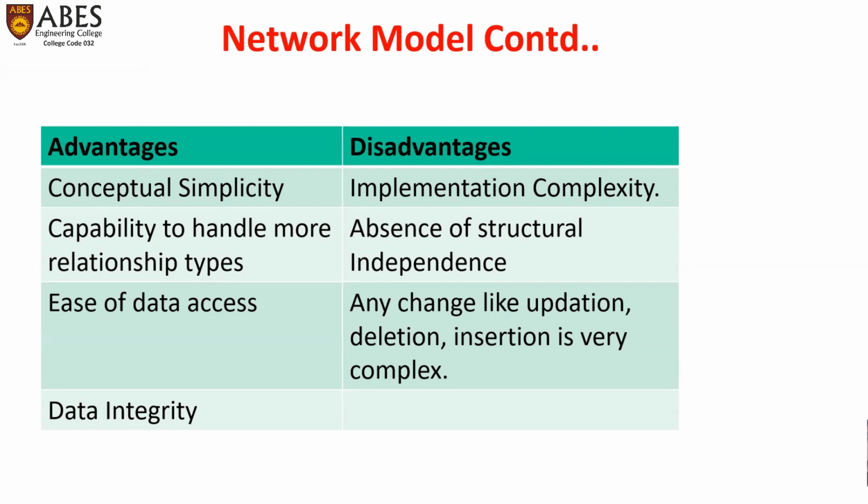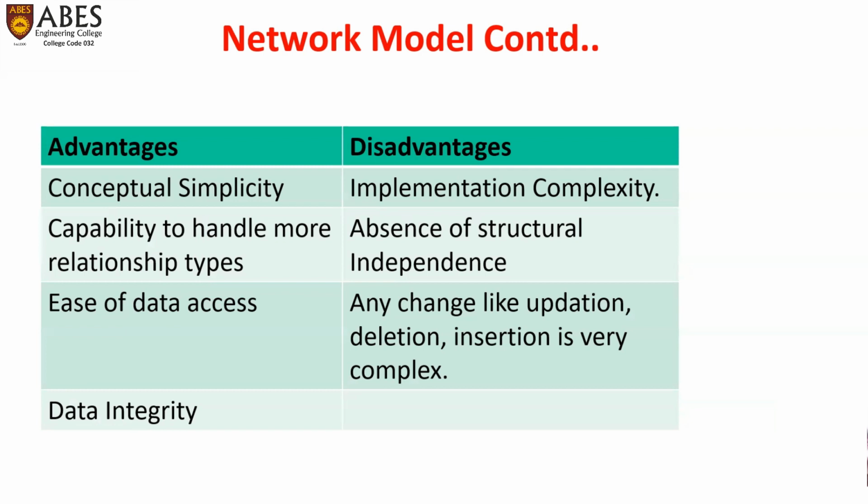The disadvantage is implementation complexity. Implementation complexity means it is a little bit complex to implement. Absence of structural independence is an important point. Data independence exists in the network model, but structural independence is lacking.